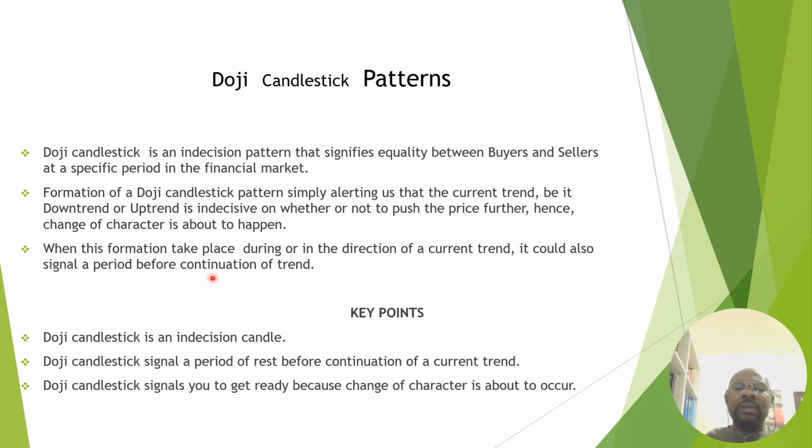When this formation takes place during or in the direction of a current trend, it could also signal a period before continuation of trend. Like I explained, if the price is going up, it can get to a level where that indecision candle, that doji candle, can print.